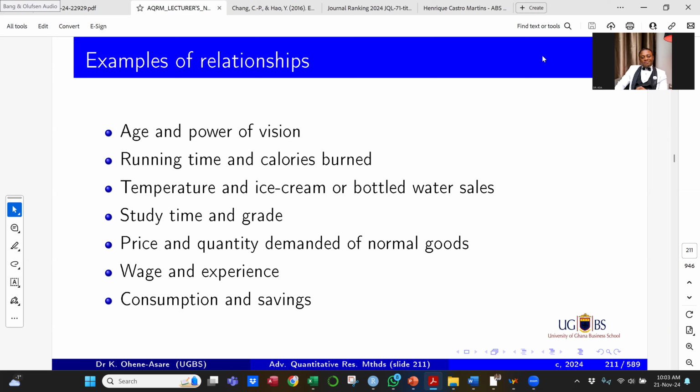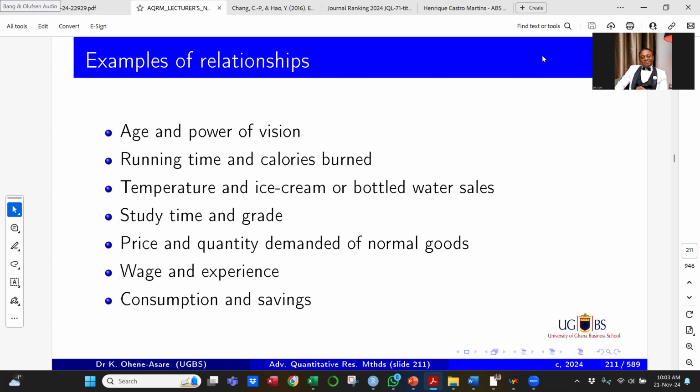Good. Now let me go to Papa. What is the relationship between temperature and ice cream or bottled water? Positive correlation. Why? Papa, why? Higher temperature would increase the ice cream and bottled water sales.